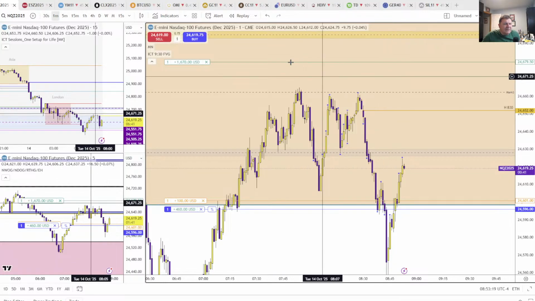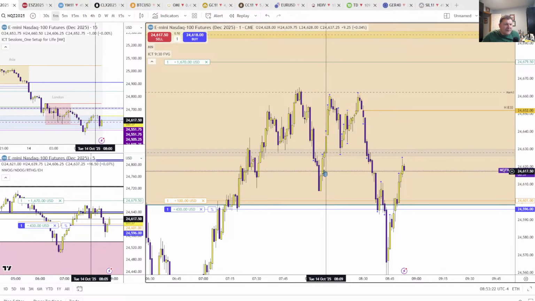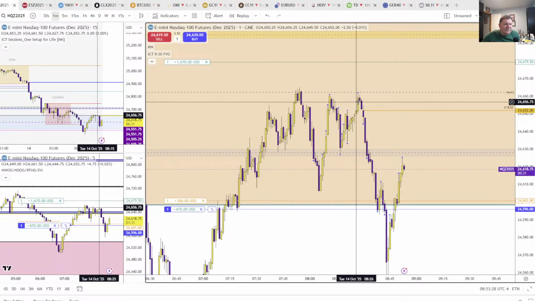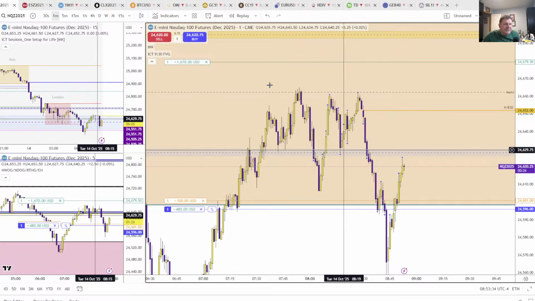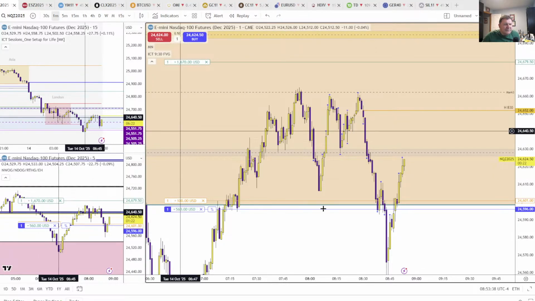So these relative equal highs are the target. You could target P1, 2, 3, 4. They're all sitting up there. But there's relative equal highs above us. I like those.